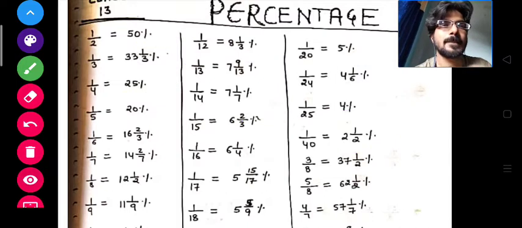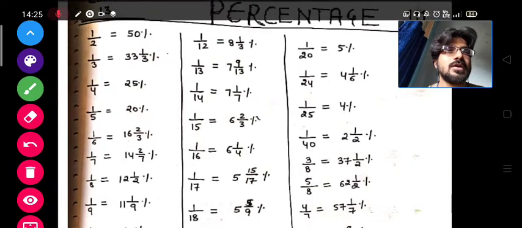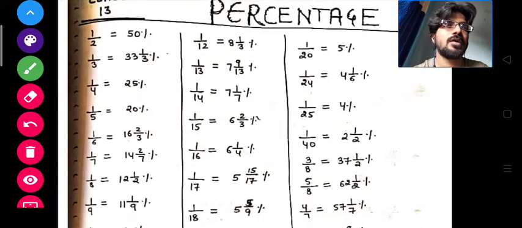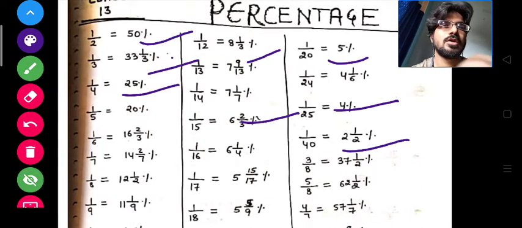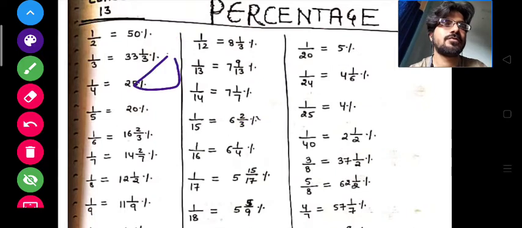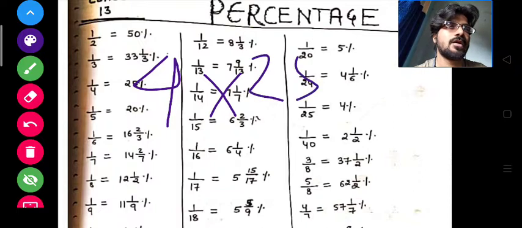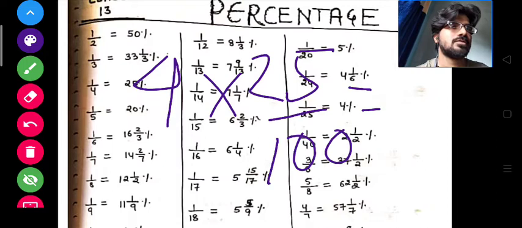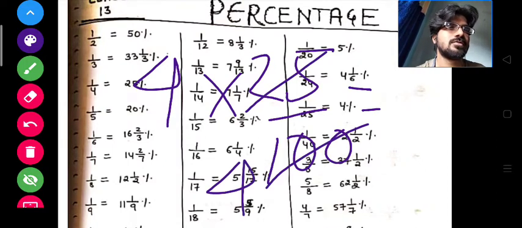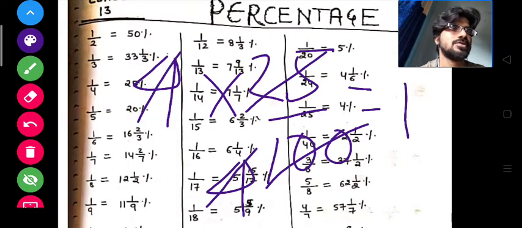Suppose 25%. If you say 25% of 4, 25 by 100 will give you the result 1, as 25 fours are 100.